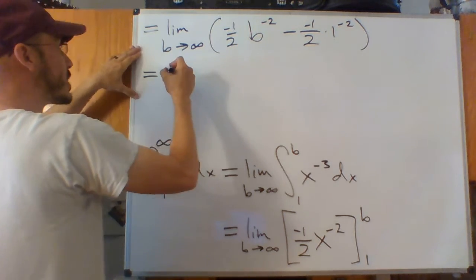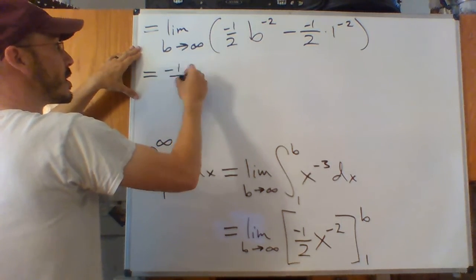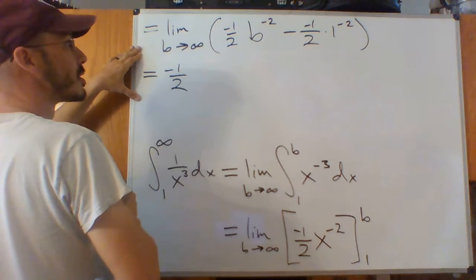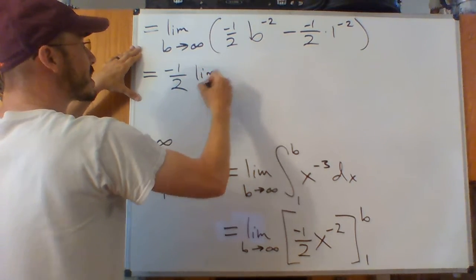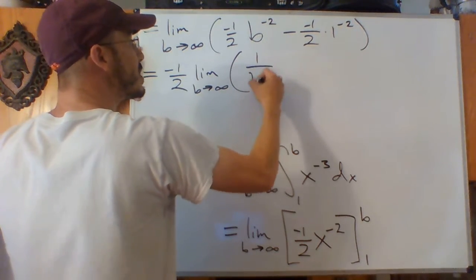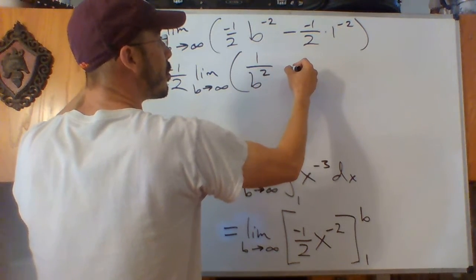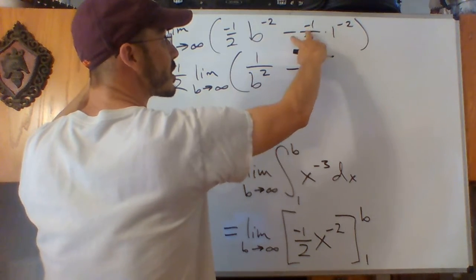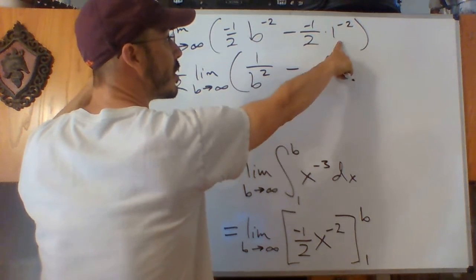In fact, why don't I do that? Let's factor out the negative 1/2 just so we can focus on the limit as b goes to infinity of 1 over b squared minus, I factor out the negative there, 1.